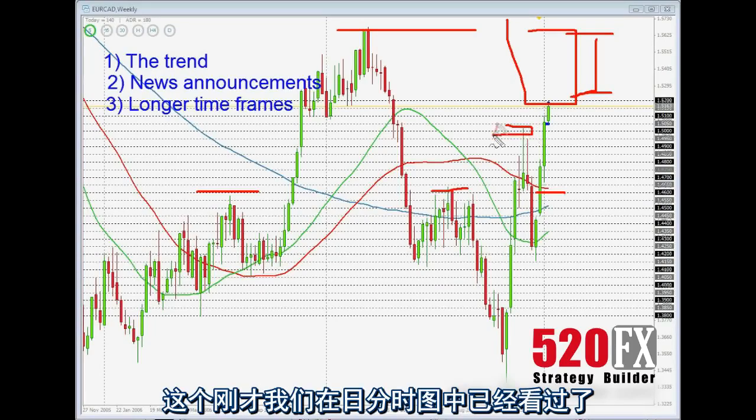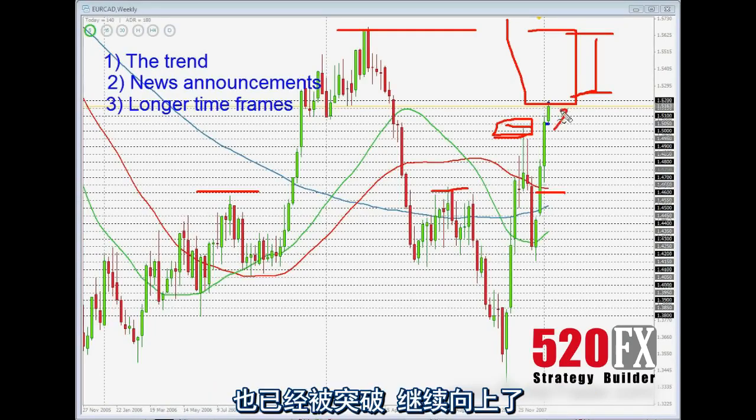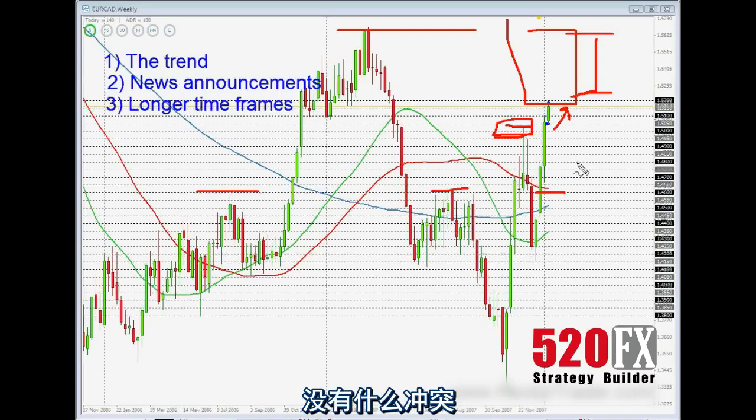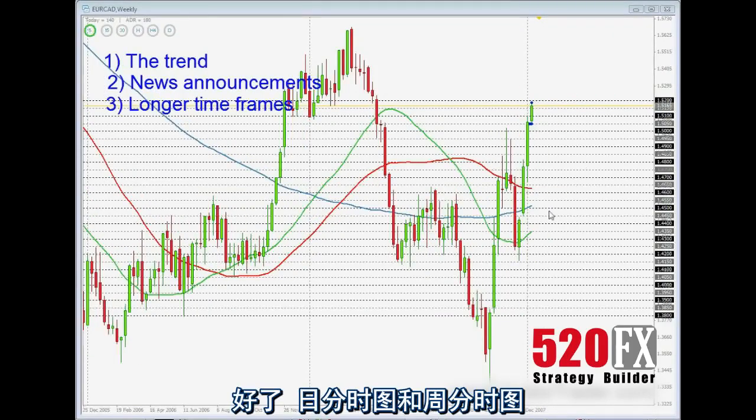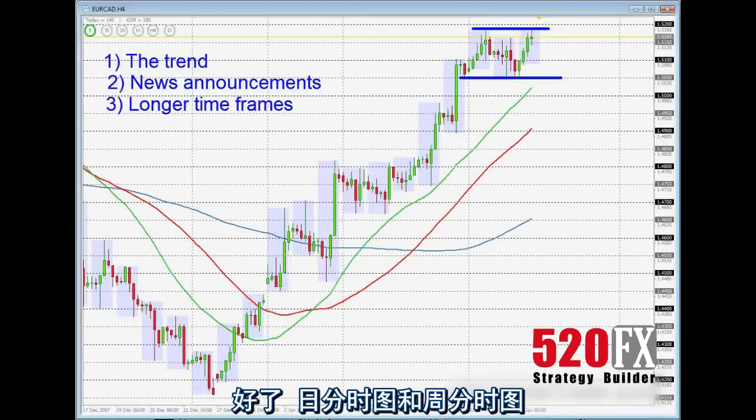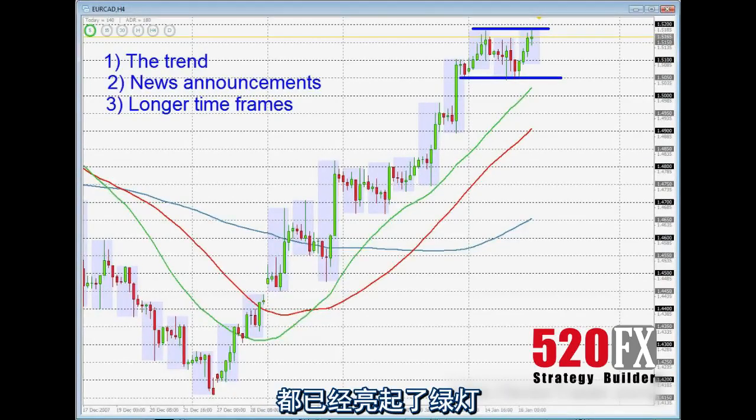This one, the one that I showed you on the daily chart, also got broken to the upside. So as far as the longer time frames go, I see no conflicting signal. We have the green lights as far as the daily and the weekly chart go.